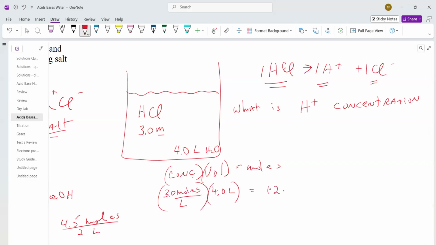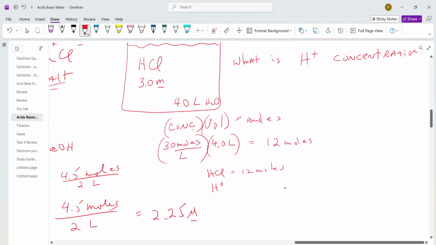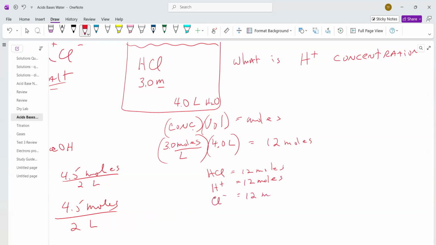So that's equal to, okay, so that means that's 12 moles of HCl, and now this is from the balanced equation.